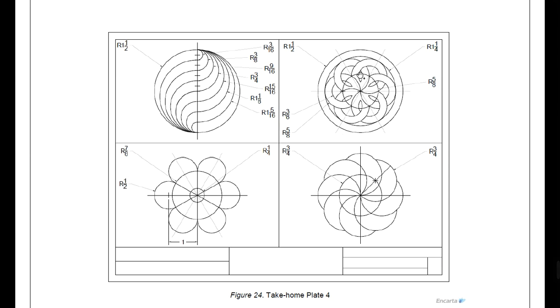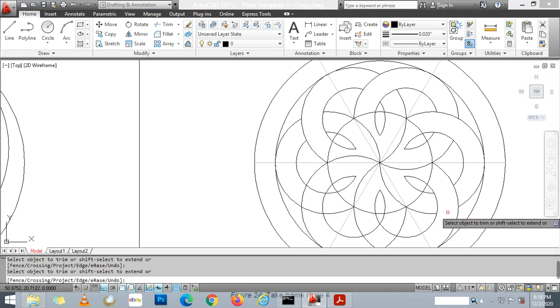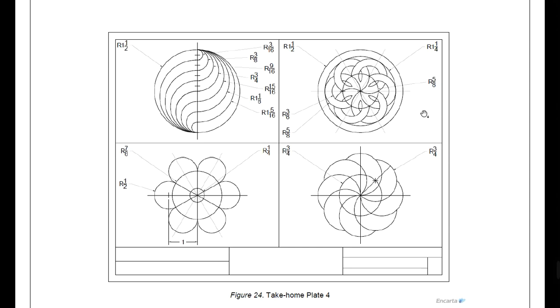And we can erase those overlapping arcs here. I guess that is our figure.